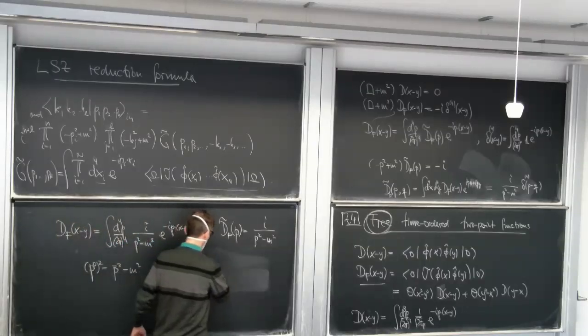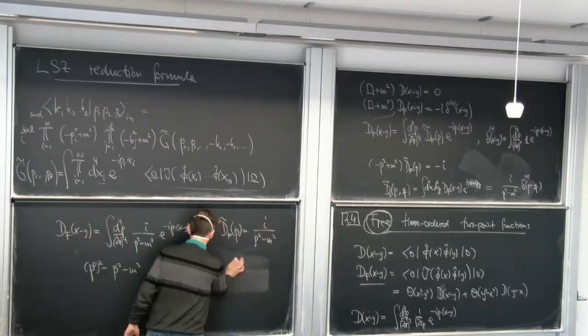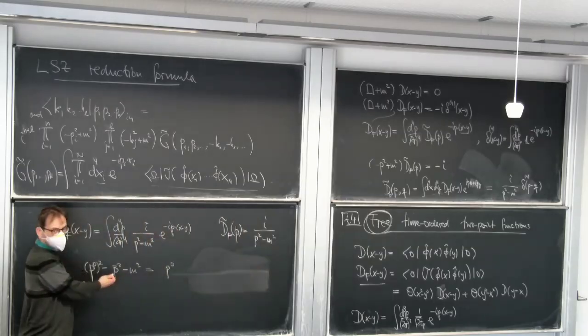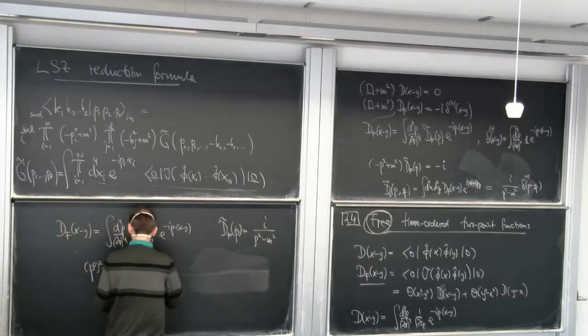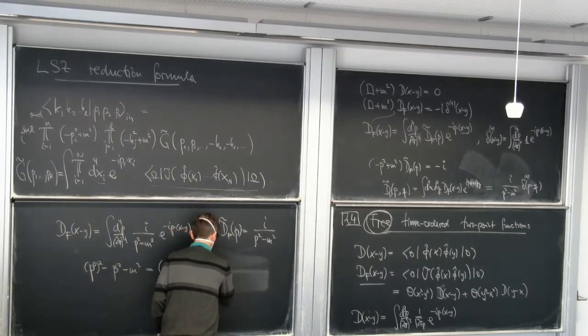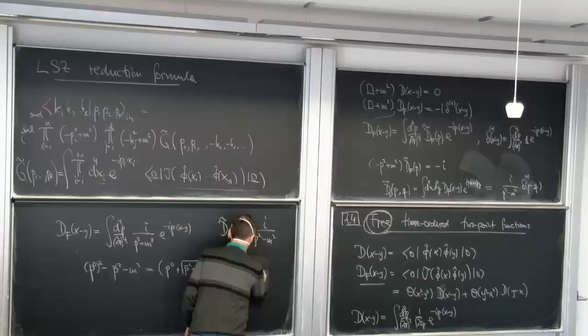Well, actually no, this is separate. This can be different. It's like the third binomial formula. So it's p0 minus or plus the square root of p vector squared plus m squared.